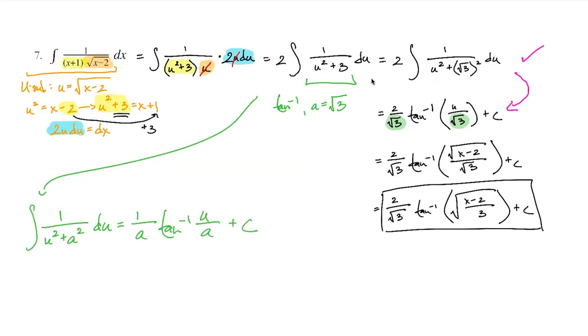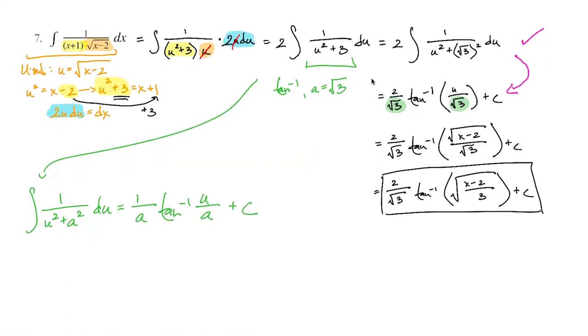Basically what I'm asking is, do you do u equals √3 tangent of u, or would you do u equals √3 tangent of x?